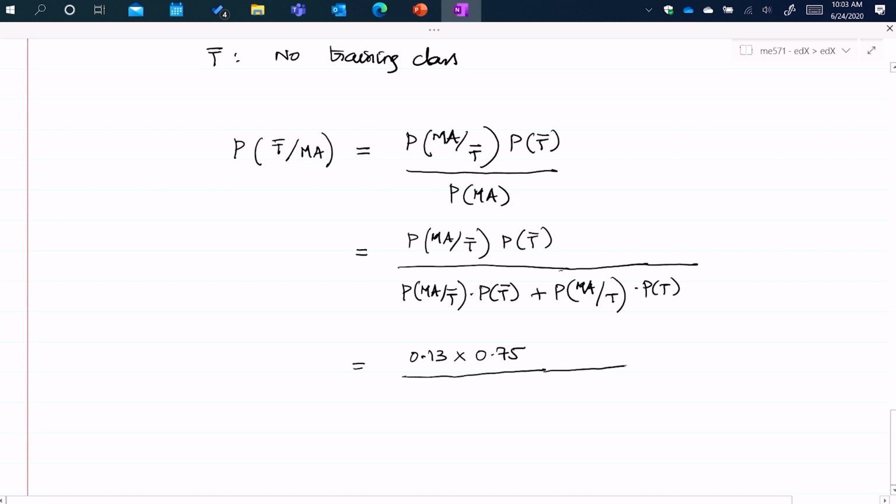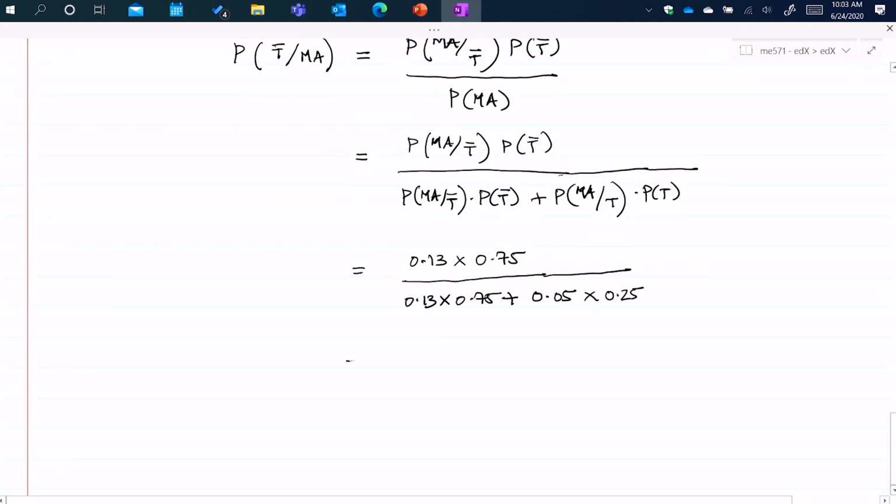The denominator would be similarly 0.13 times 0.75 plus, and we know only 5% of those who take the training class make mistakes, so this is 0.05 times 0.25, since the population that takes the training class in group A is 25%. You go through this, and it turns out to be approximately 0.89.